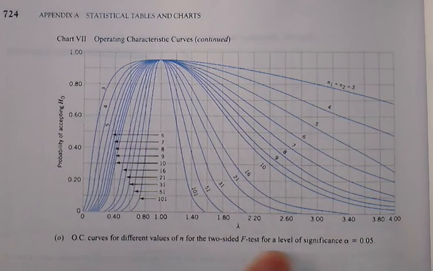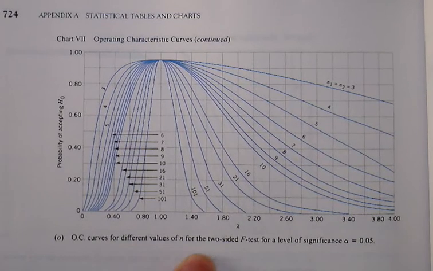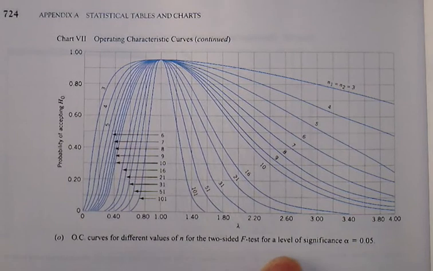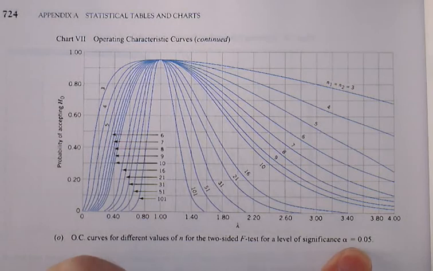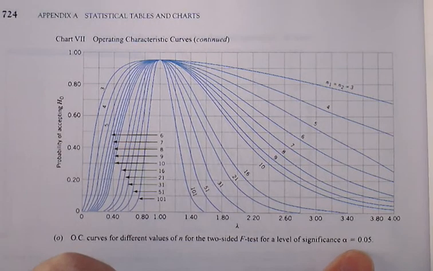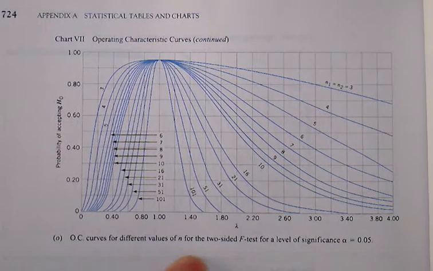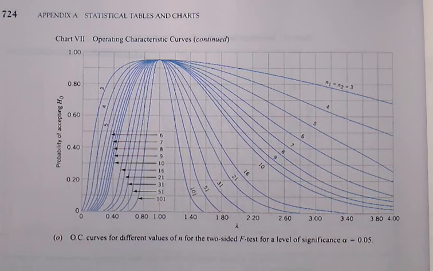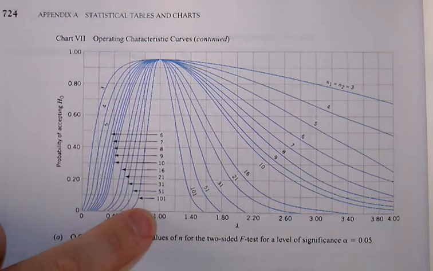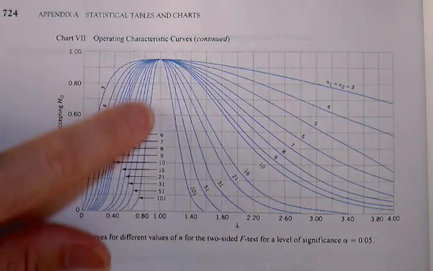And so we've got operating characteristic curves for different values of n for the two-sided f-test for a level of significance of 0.05. The one below is 1% significance. Now note that when lambda is equal to 1, well, what's lambda?